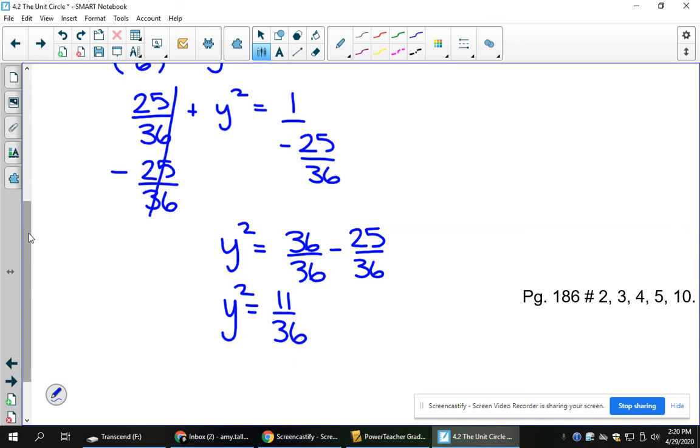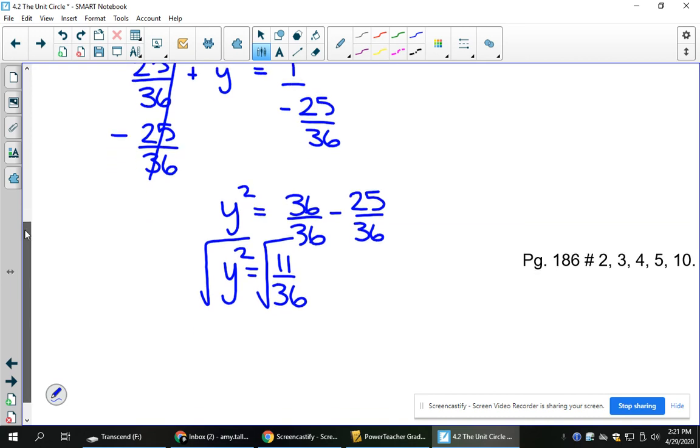Now, how do we get y by itself if it's being squared? The opposite of squaring is square rooting. And this is exactly where you should kind of be feeling like there could be two answers. Because when we square root something, we can get a positive or a negative answer. Usually we focus in on the principal square root, which is the positive answer.